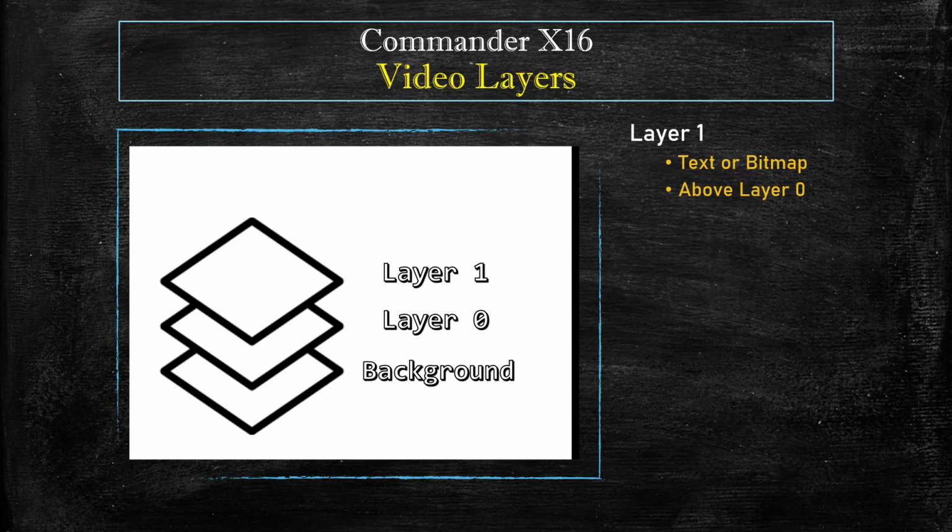Of course, the background is always enabled, but we are able to enable or disable layer 0 and layer 1 as we see fit. And if we take a look at my note on the right side here for layer 1, we can see it works exactly the same way as layer 0 in that it can be configured in either text mode or bitmap mode, and it is, as I just mentioned, positioned above layer 0. So anything we print on layer 1 will show on top of or above layer 0.